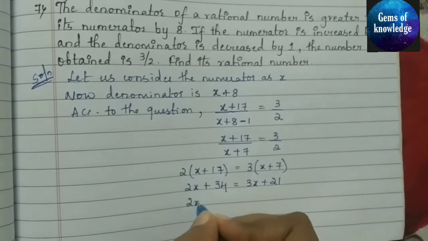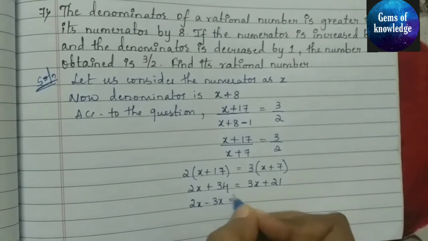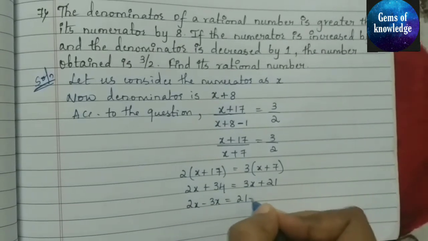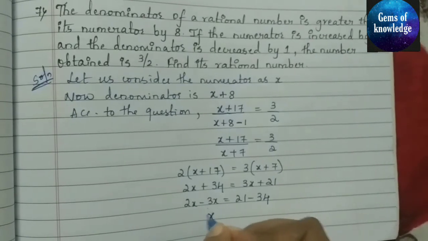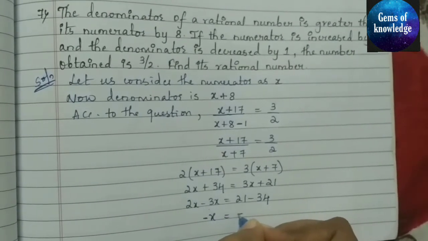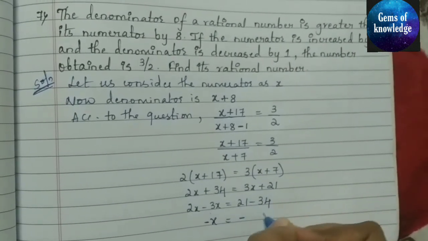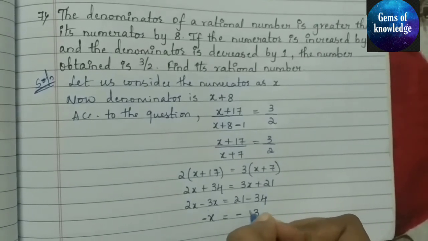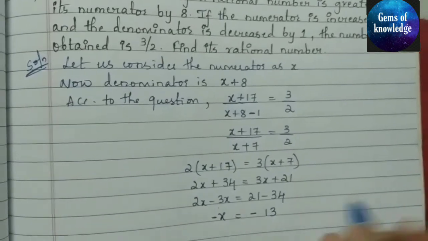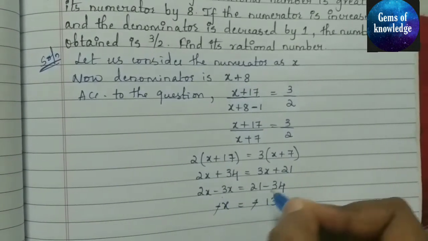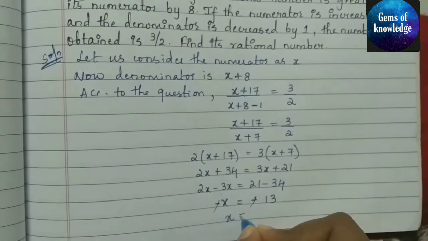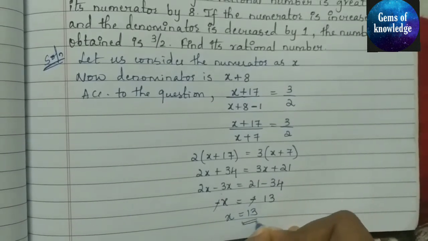It will become 2x minus 3x, which is equal to 21 minus 34. So this is minus x, which is equal to minus 13. We will cancel this minus and this minus sign. So finally we are going to get x is equal to 13.